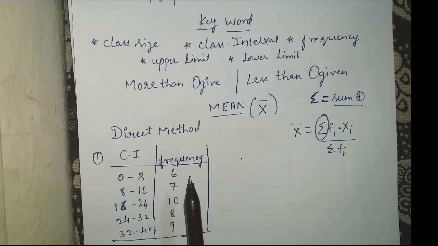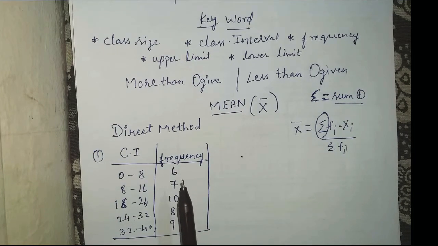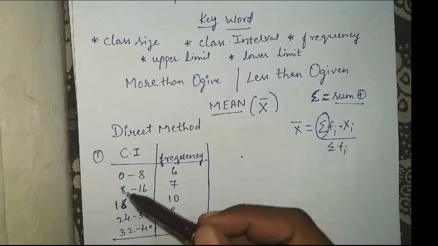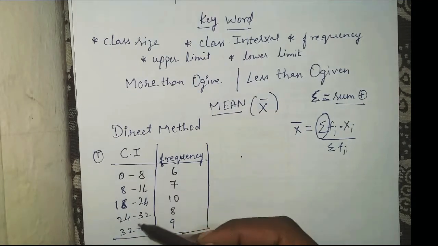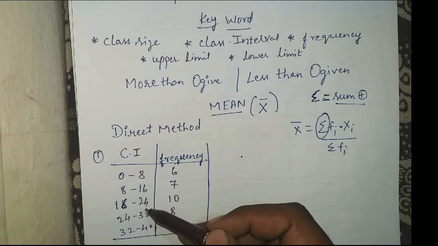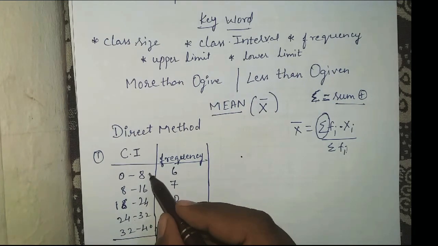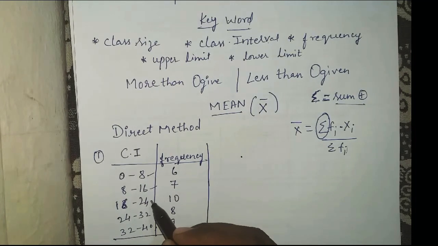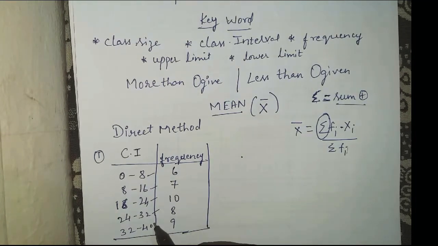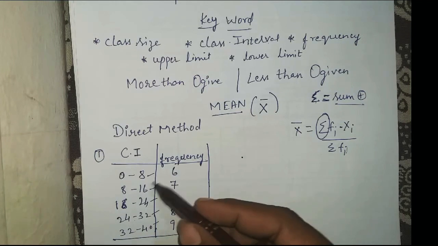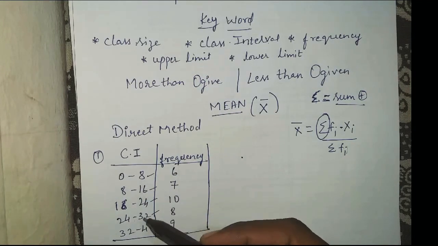I'll show you what each one is. See, this is the class interval. This full thing is called a class interval. One interval, one interval, one interval, and another interval. These are the class intervals.